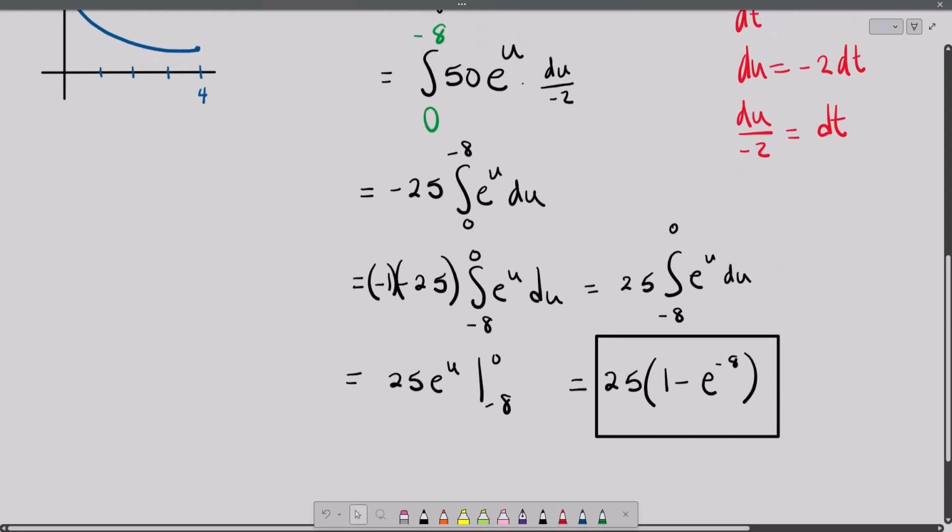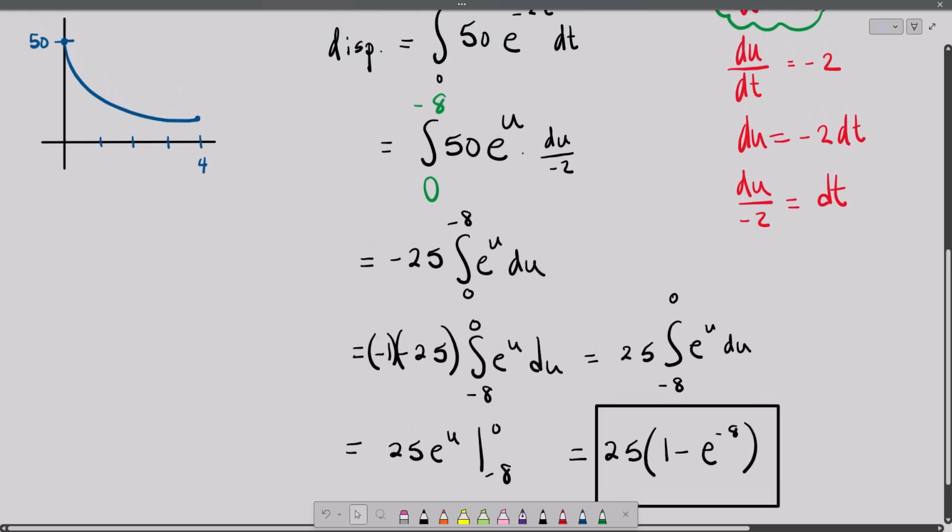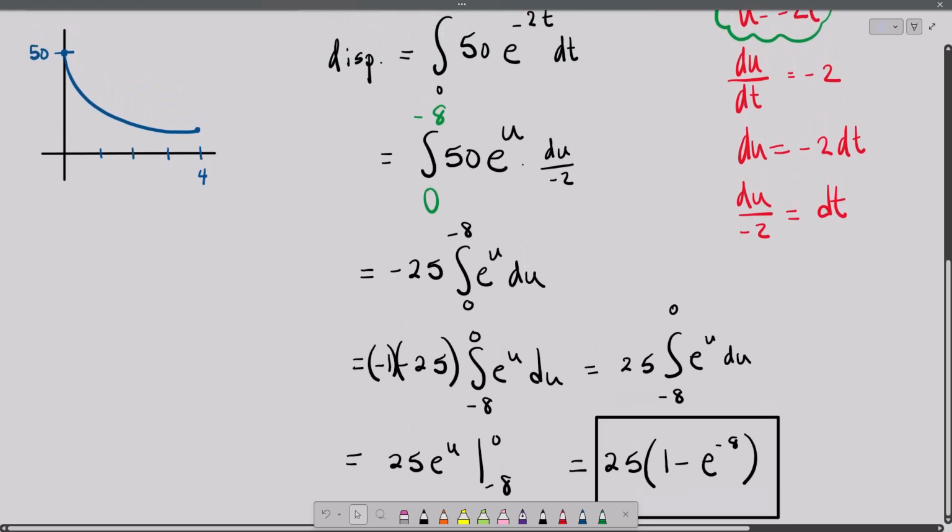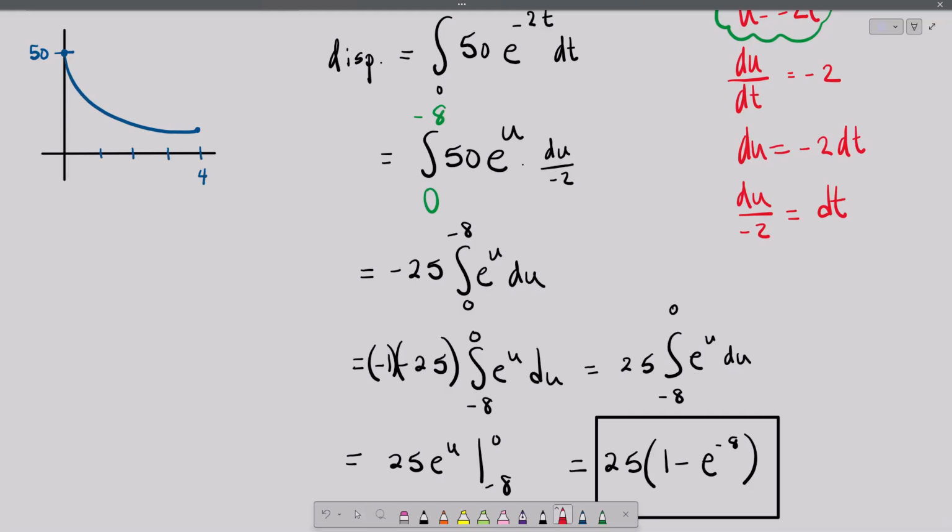All right, so there is what you learned in Calc 1. Here is how we're going to do it in Calc 2. I call this the reverse chain rule, and it's important to call out because it happens so much.